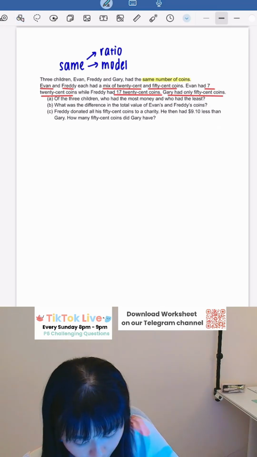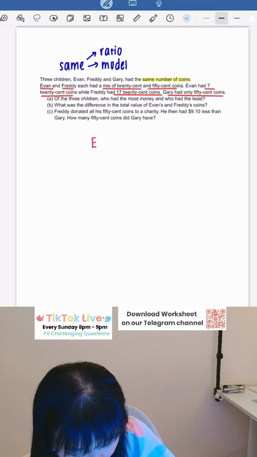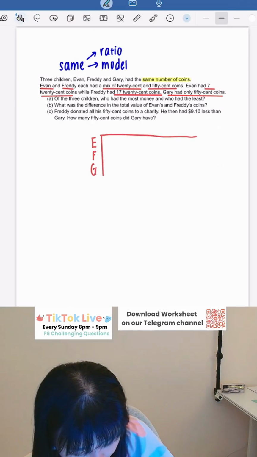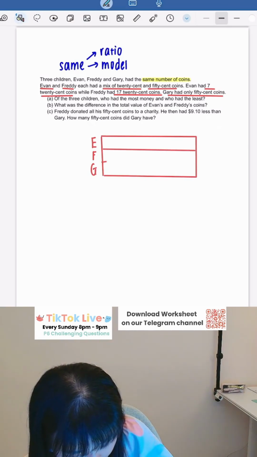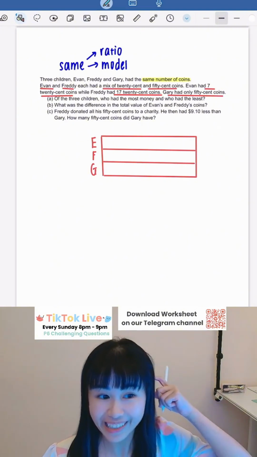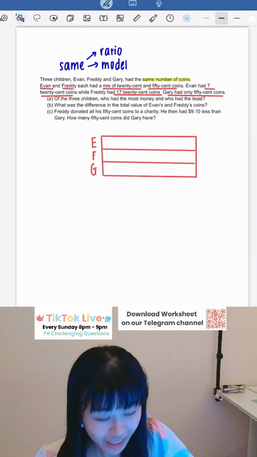So Evan, Freddie, Gary, if they have the same, you can just draw a model whereby they all have the same equal size first. Gary has 25. I think I remember the answer was something like that.